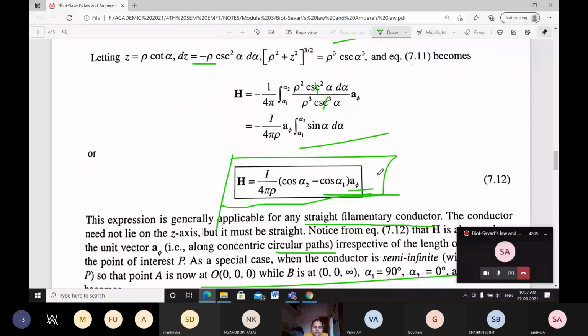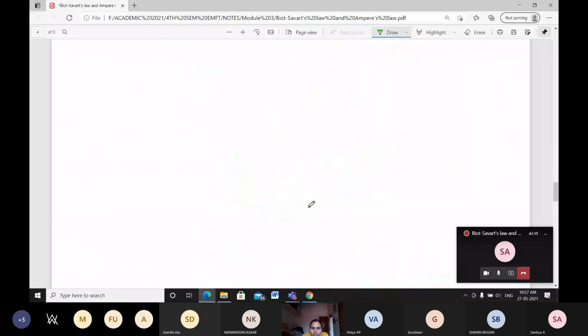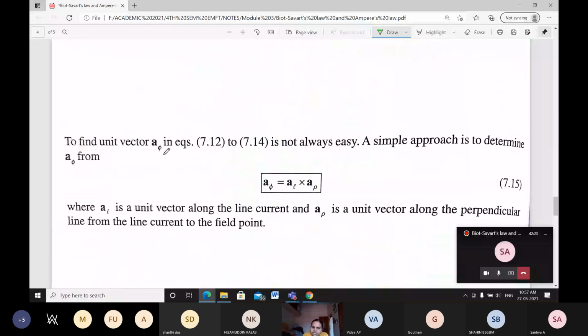This is about our Biot-Savart's law. To find a phi, it's not that easy, but a simple approach is a phi equals AL cross A rho, where AL is the unit vector along the line current, in which direction the current is given, and A rho is the unit vector along the perpendicular line from the current to the field point.